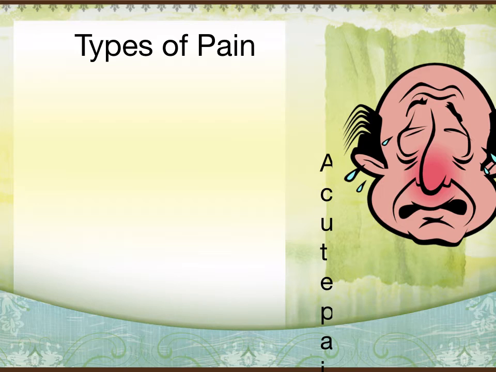Pupils are dilating. Skin is diaphoretic, which means it is sweaty. It's pale, cool. In chronic pain, if you talk about autonomic responses, vital signs can be normal, pupils can be normal, and skin can be dry, warm to touch, and normal color. So that's why chronic pain becomes very complex.